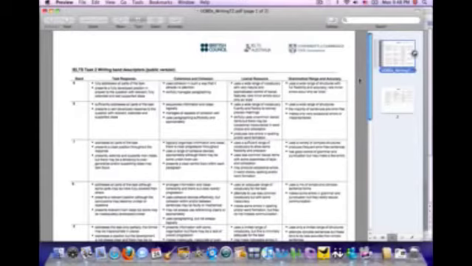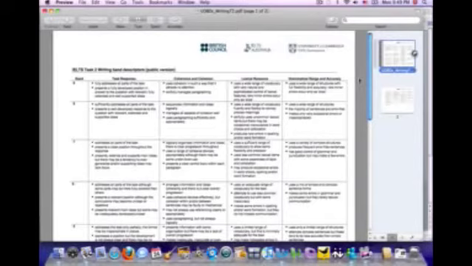The fourth column you can see is the lexical resource column. And this deals with the ability of the students to use a variety of vocabulary and phrasing and a measure of how accurately they can display this skill.